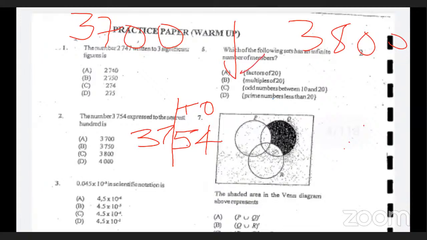Who was that who answered? That told me it's 3,750 in the middle. Who was that? Michaela. Very good, Michaela. Now, if I put 3,754 on this diagram now, which side would it be? Would it be on the side closer to 3,700 or on the side closer to 3,800?